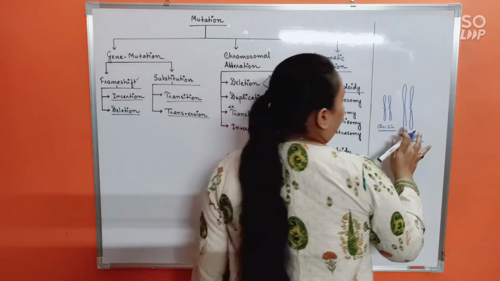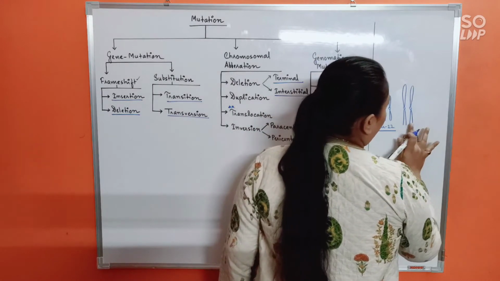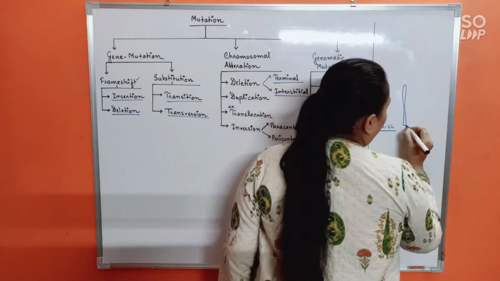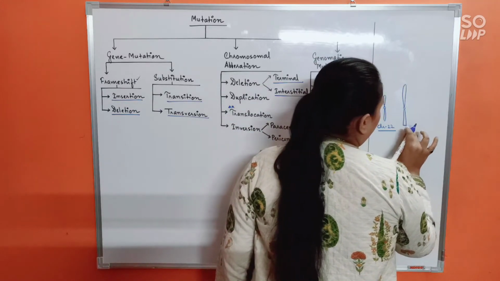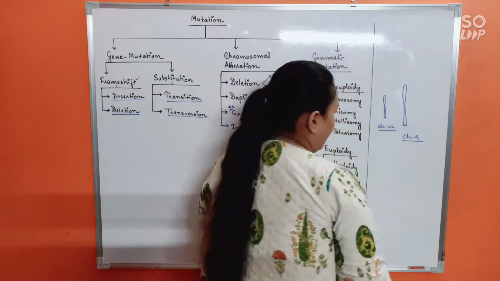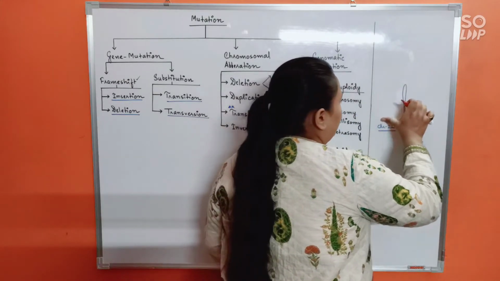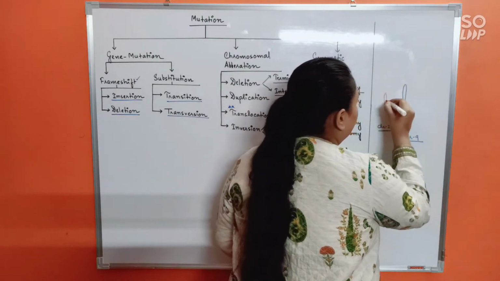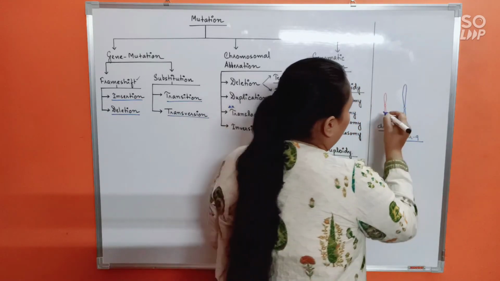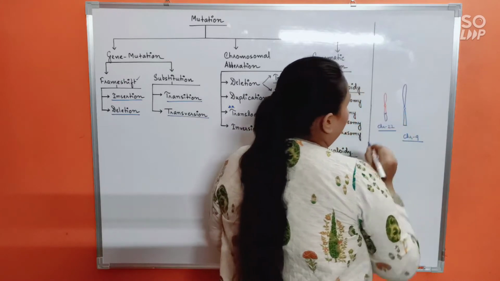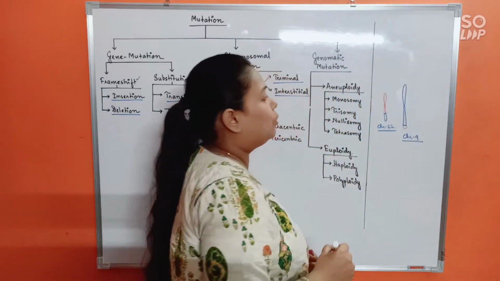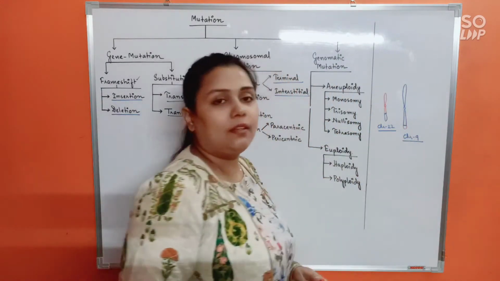I'm taking one, not as a pair. A part of chromosome 9 gets added here and a part of chromosome 22 gets added to chromosome 9.